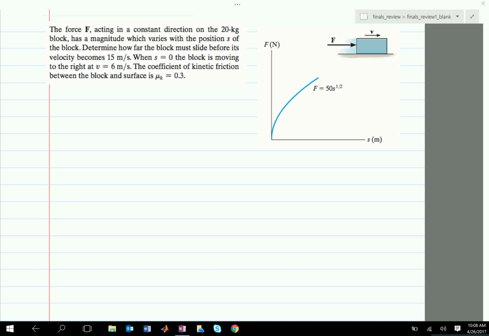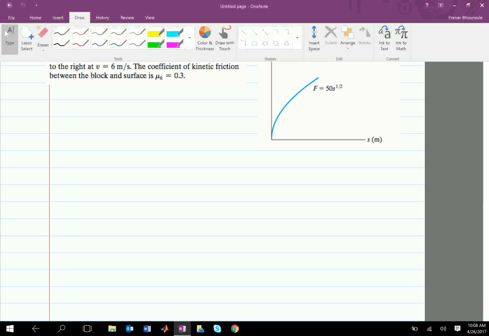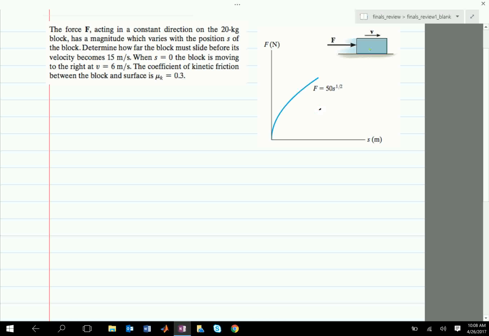Okay, let's read this question. The force F acting in a constant direction on the 20 kilogram mass has a magnitude which varies with position. So force is a function of position.